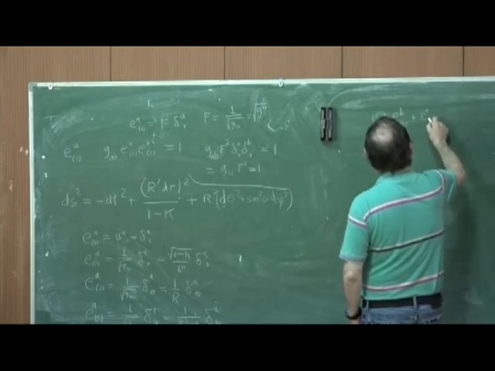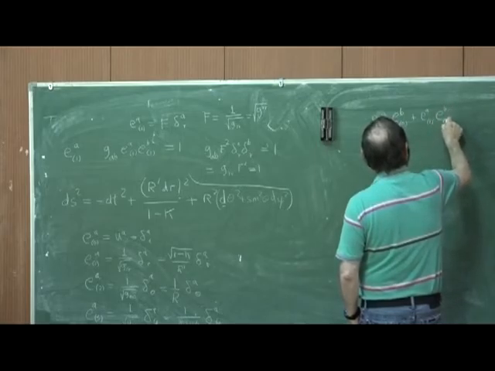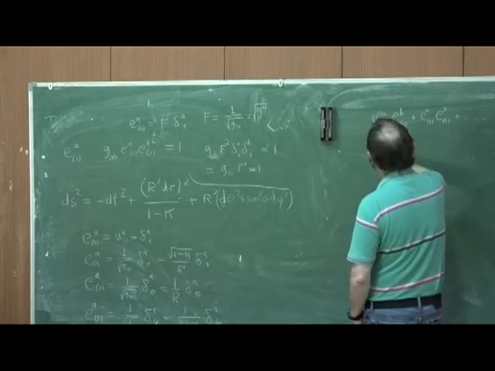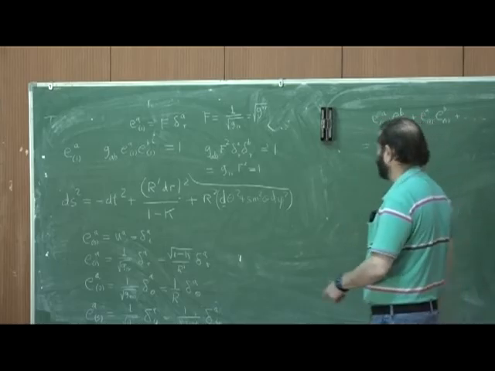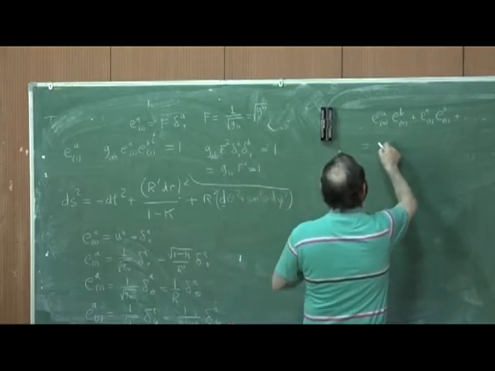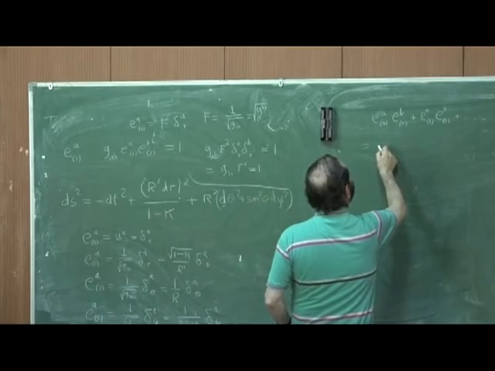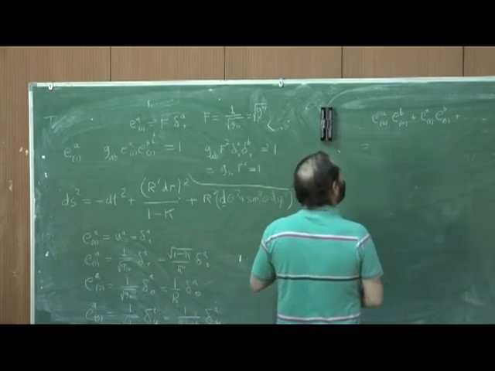Zero, A, 1, etc. What do we get? If we get this 2 here, E0 component is 1. Hold on.